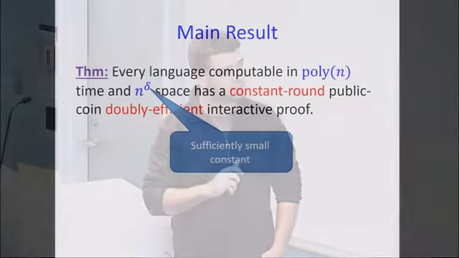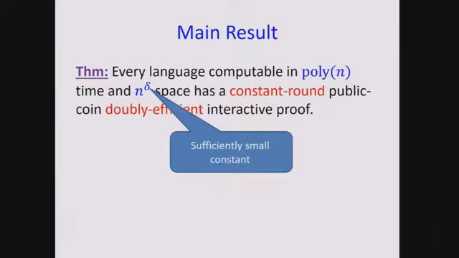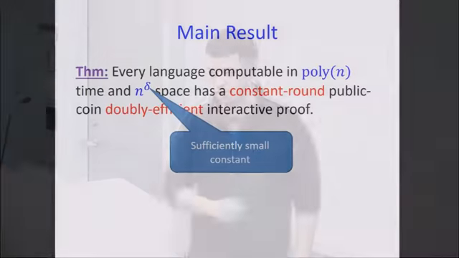One thing I want to stress, and this delta is just some sufficiently small constant that I'm not going to specify. So the constant depends on delta and on the polynomial? No, this delta is a universal constant. So there exists a constant delta such that... Yes.